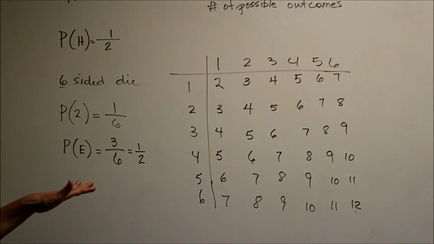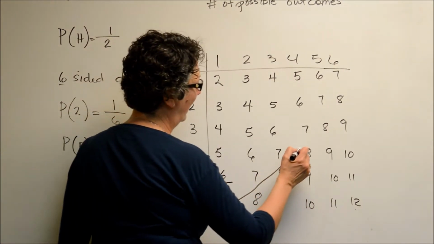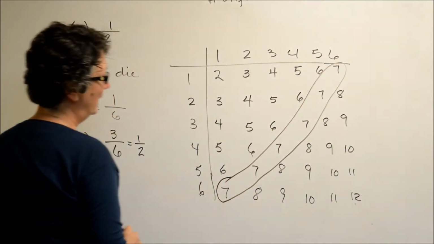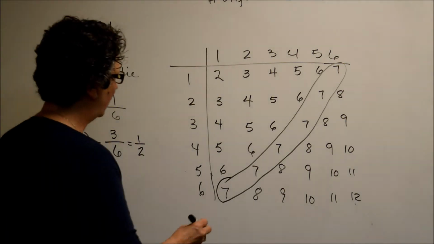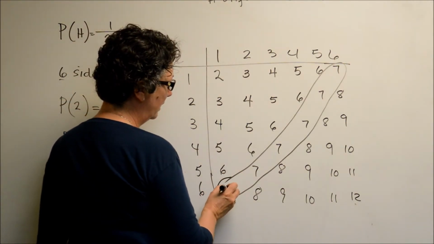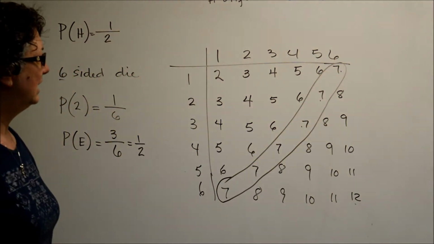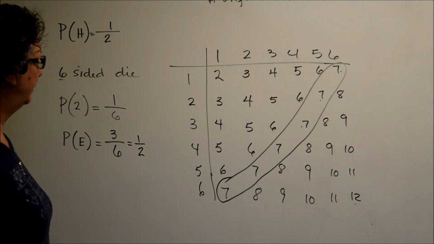So you can see from this that the most likely outcome when you roll 2 dice is 7. 7 has a greater probability because there are 6 ways to get it.